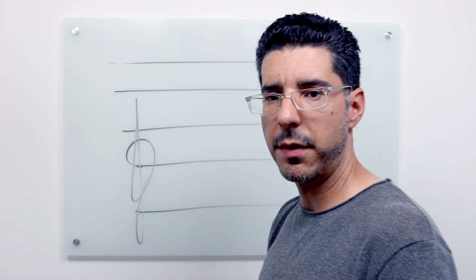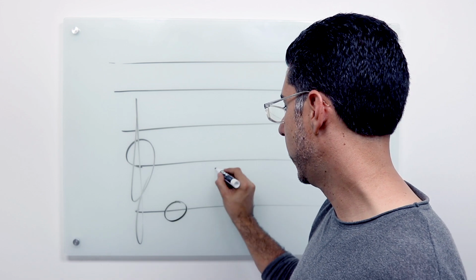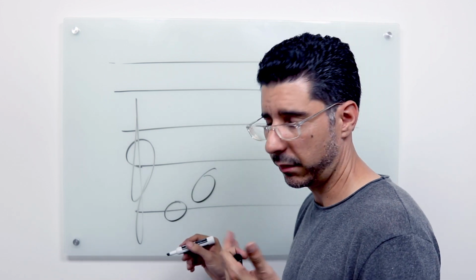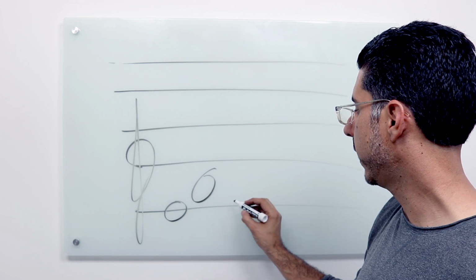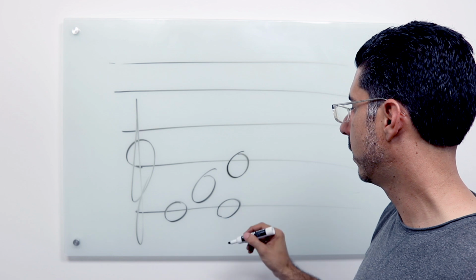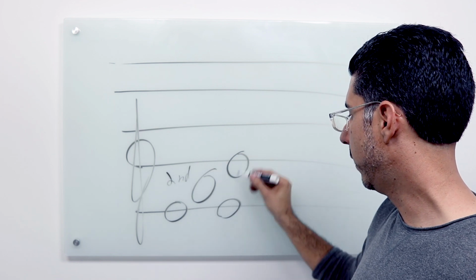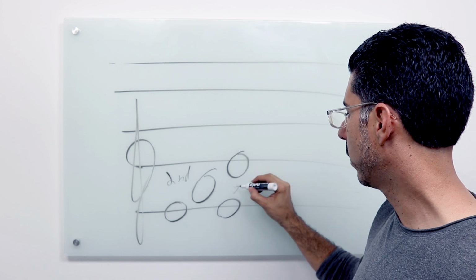So just to recap on the first basic intervals, we're gonna have a step up, line to space or space to line. By the way, that will be called a second. You're gonna have a skip from, let's say, line to line. When we're skipping, that will be called a third.